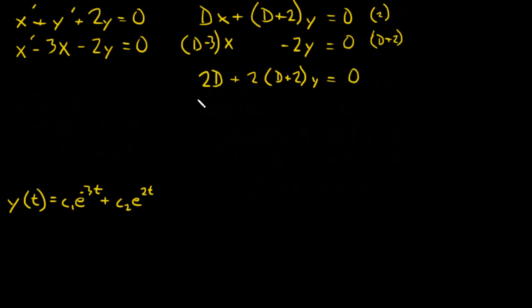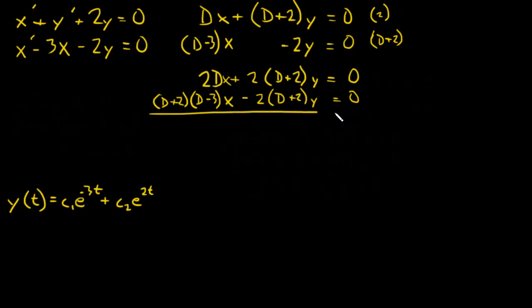And then multiplying by d plus 2, I'm going to get d plus 2 times, that was an x, right? I forgot my x right there, times d minus 3x, and then minus 2 times d plus 2y equals 0. All right, there we go. I'm okay with that.